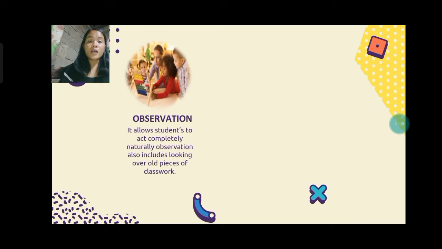So, for example, you are encouraging your students, lalo na sa mga bata, in counting, addition, and subtraction during everyday interactions and routines, such as when setting a table for meals. So that's observation.